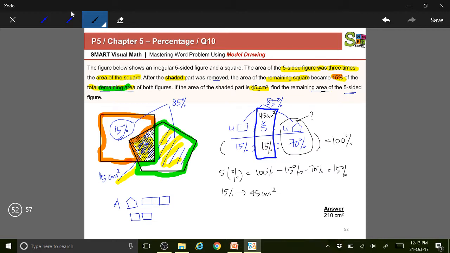They asked to find the 70%, so we put 70% here and we cross multiply. Sorry, maybe I write this better for you. So it becomes 45 divide 15 multiply 70. This will give us 210 cm square.